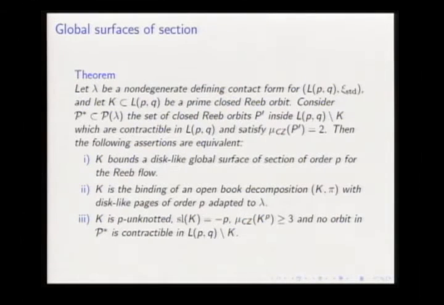Self-linking number is minus P, and you produce this open book in the same way. And there are these three equivalent situations. Whenever you have one of those pages, you produce the open book, and each page of the open book is a global surface of section. And so all come together.